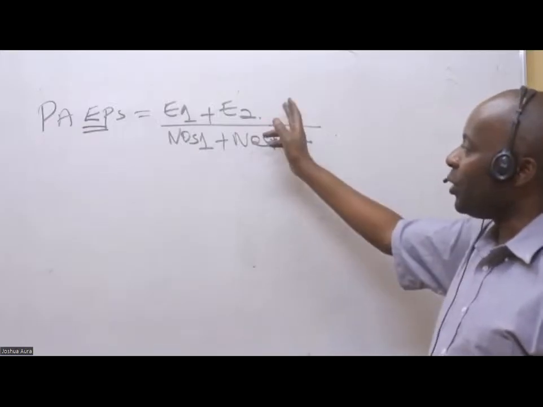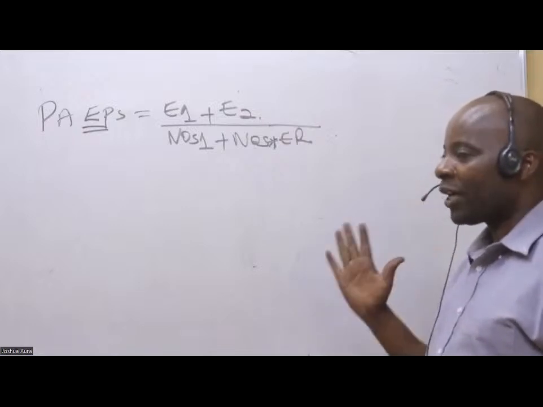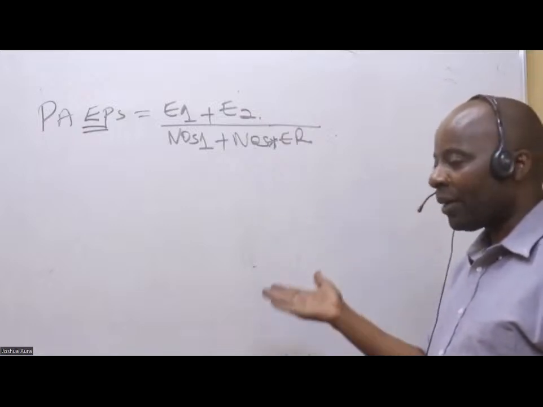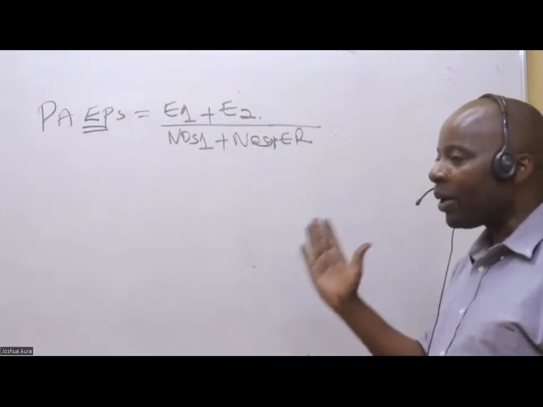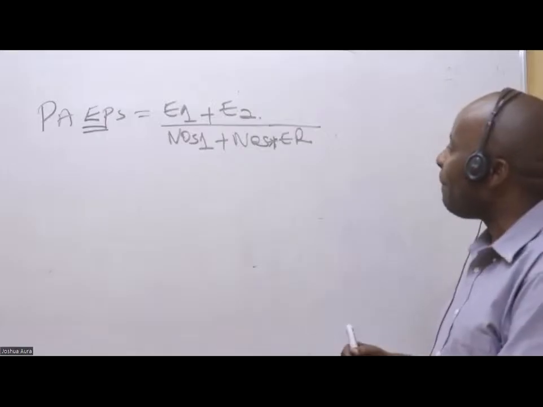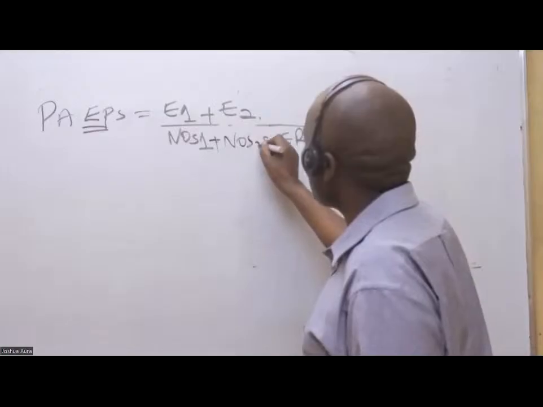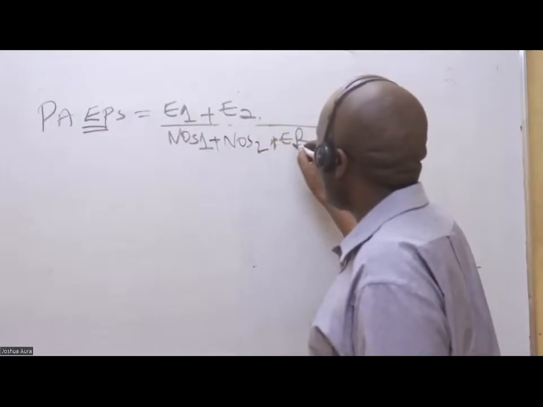Please, once you write up to here, could you kindly put a thumbs up? Post-acquisition earnings per share equals earnings of company 1 plus earnings of company 2 all over number of ordinary shares of company 1 plus number of ordinary shares of company 2 times exchange ratio. Please write this in full.